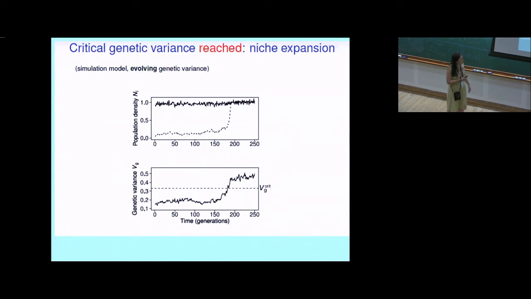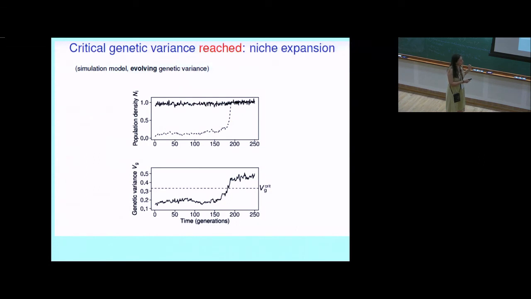If you look at what's going on in terms of genetic variance, at the beginning, you've got a low level of genetic variance because you were adapted to only one habitat. And this level of genetic variance is below the threshold, or critical genetic variance, that we could define with our analytical model. And at some point, through some kind of random mutation or some random demographic effect, you start to increase this genetic variance.